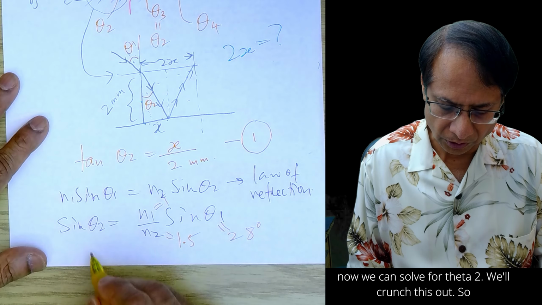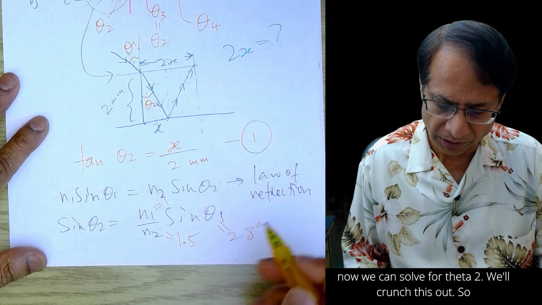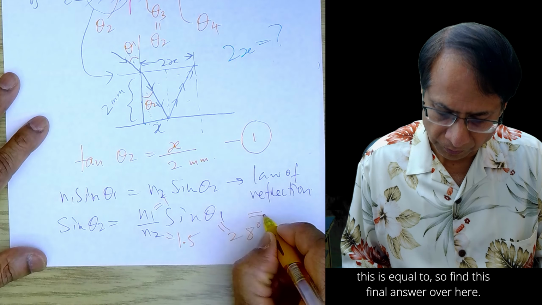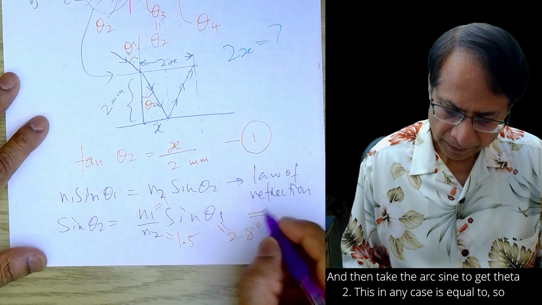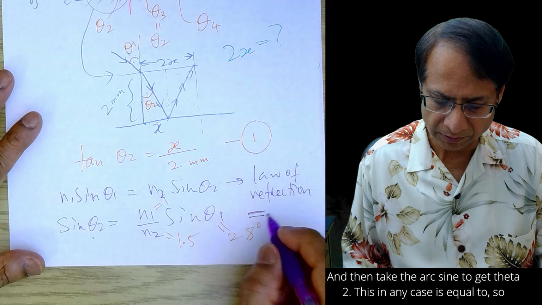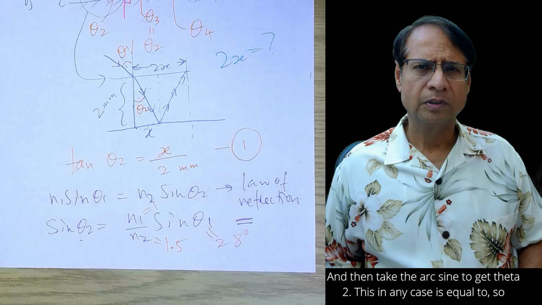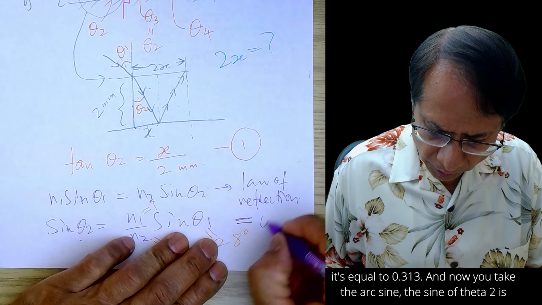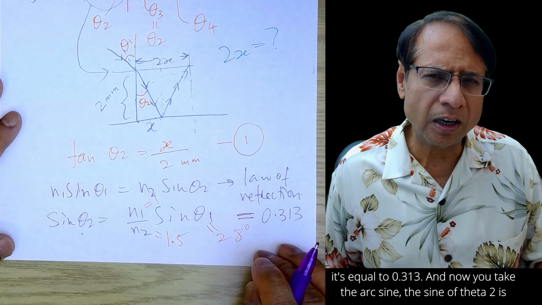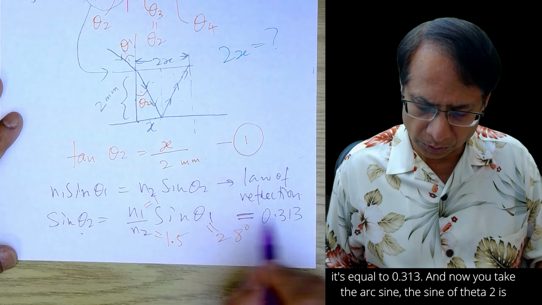So now we can solve for theta 2. We'll crunch this out. So find this final answer over here and then take the arc sine to get theta 2. This is equal to 0.313. And now you take the arc sine of that.